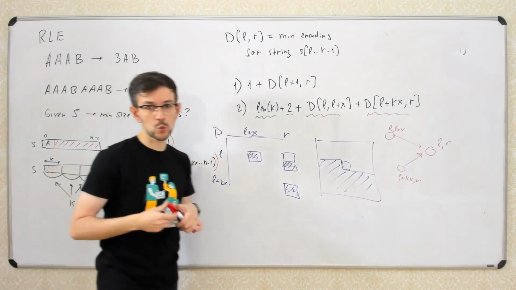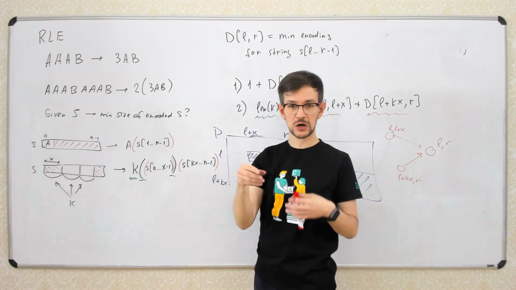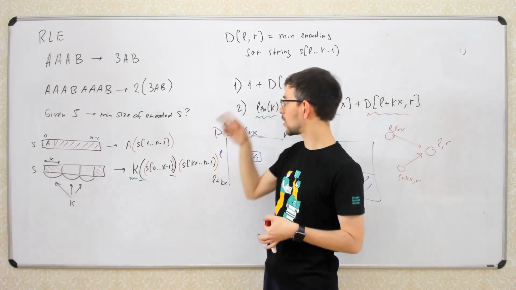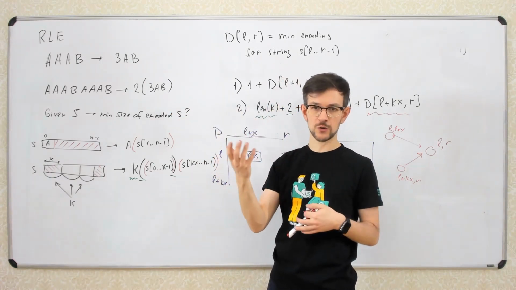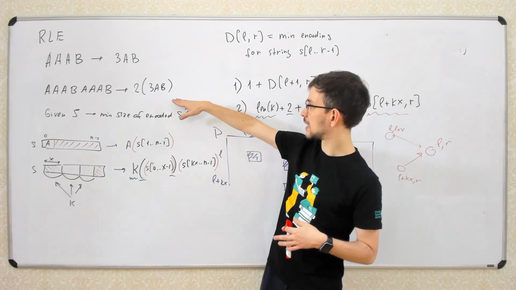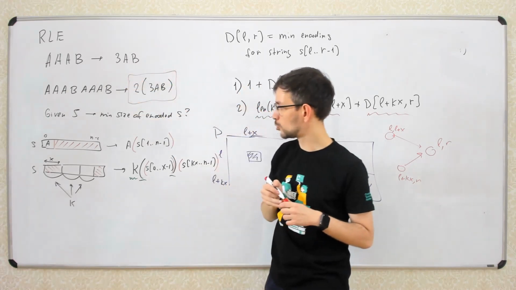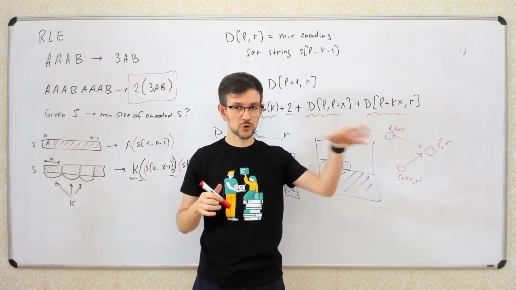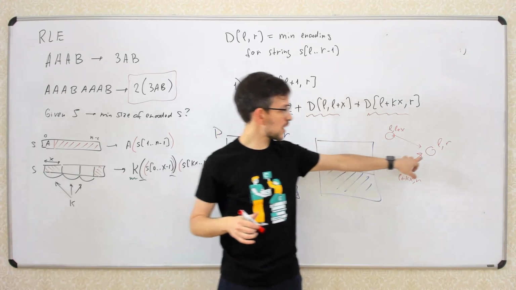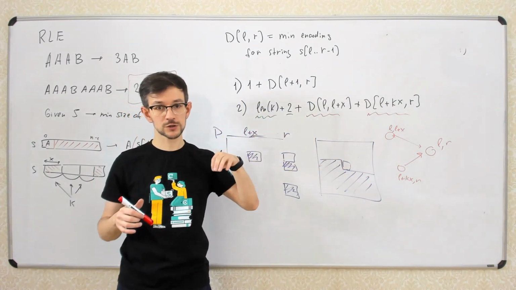And when you try to build the final answer in the end, here I only calculate the value, the minimal possible value. And if you want to calculate this string itself, how do you do it? You do it the same. You start from the end, and each time you try to build the string. And you build the string by making two recursive calls.